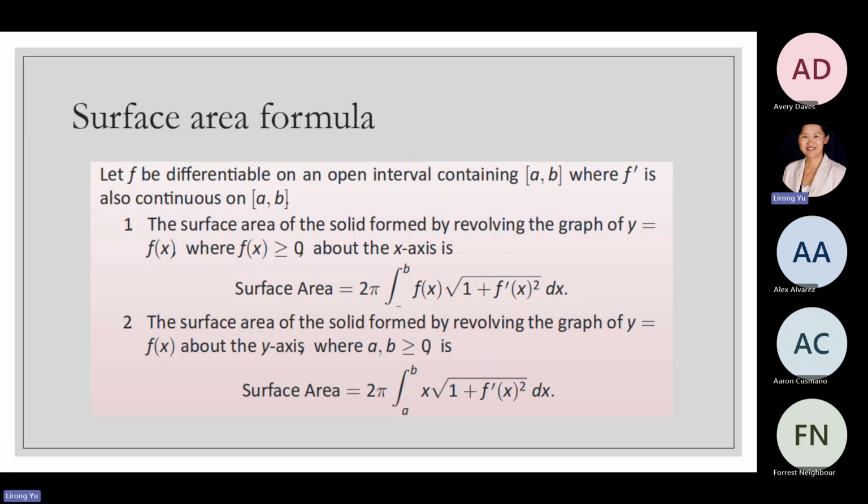And then you have to multiply by ds. Surface area is a two-dimensional measure: 2 pi r is in the radius direction, and ds is most of the time perpendicular to the radius direction. So back to our question, it will be the first scenario, the revolution about the x-axis.